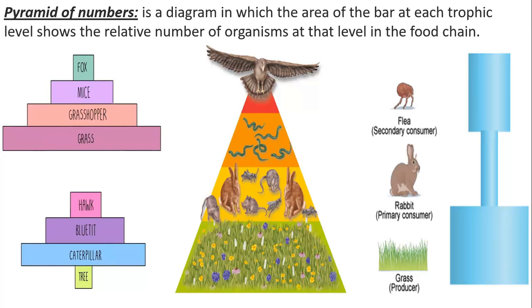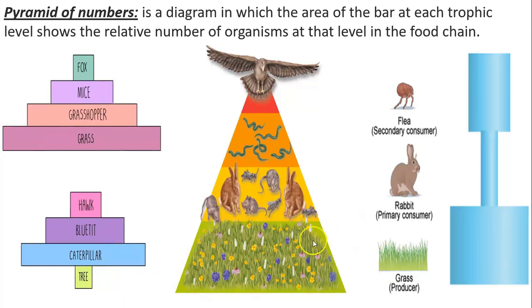Now, what's a pyramid of number? The pyramid of number shows in each bar the amount of organisms that occupy this level in the environment. What do I mean? The first trophic level here contains, of course, the producers.